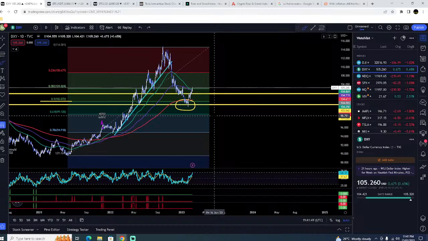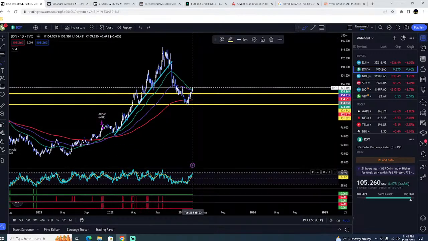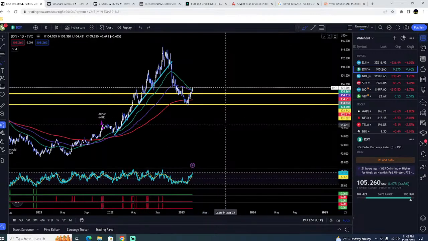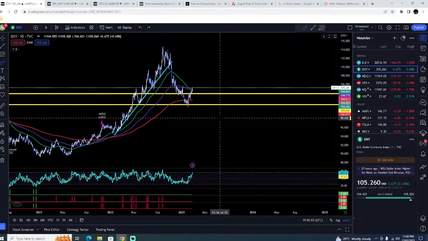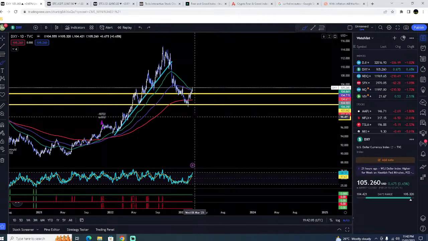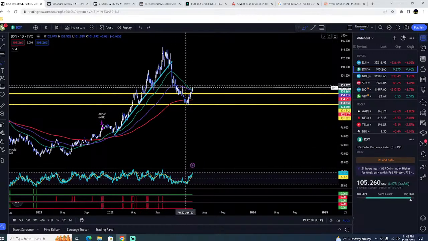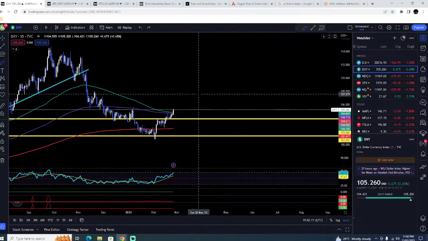Also, the RSI even on the daily is sitting at 68 over here, so a little bit more pump might happen and then we might drop again. So you can see how the stock market and the individual stocks are sitting at critical bounce areas, whereas the dollar index is reaching a critical rejection area.